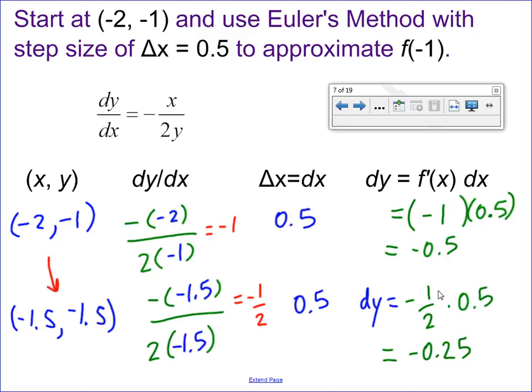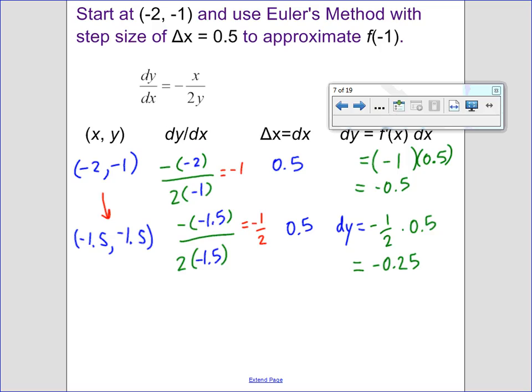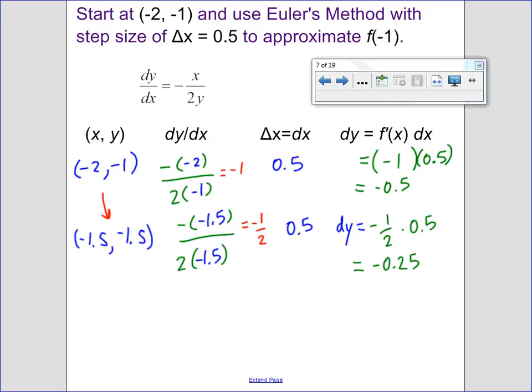All right. So after two iterations, we've gotten from x equals negative 2, one step to negative 1.5. Next step, another 0.5 units. So what would our new point be? Negative 1.75 is my y coordinate.